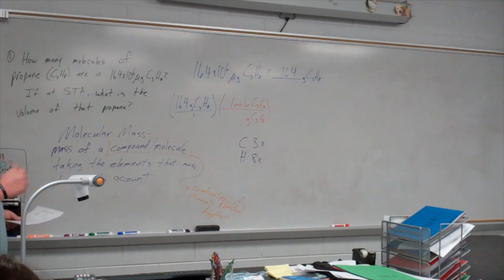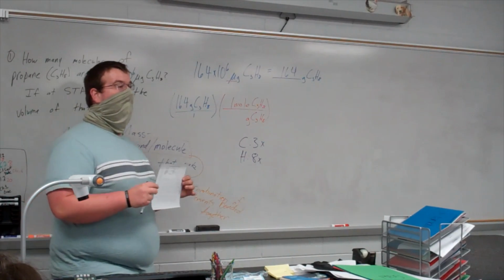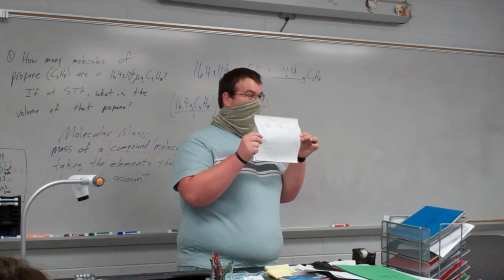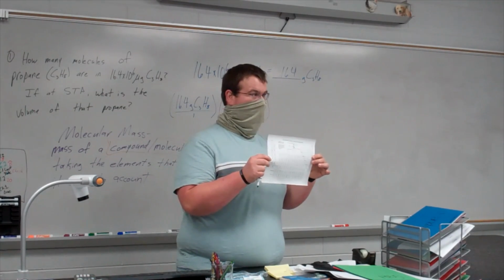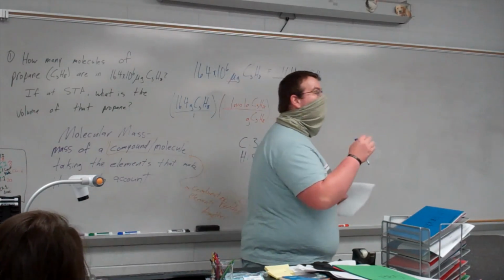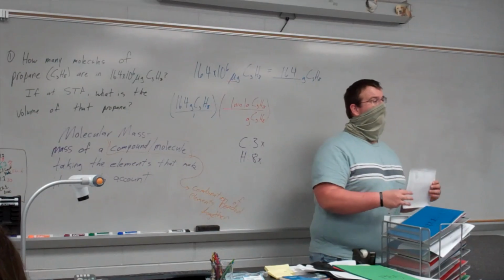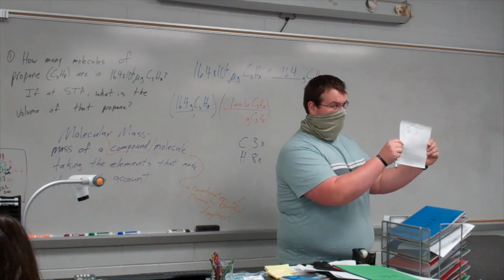In this, you're going to take the average atomic mass. You're literally going to take the atomic mass off your periodic table. I want to stress this so you'll get this. If you are ever going to go to mass or from mass in these mole conversions, you will be using the periodic table.